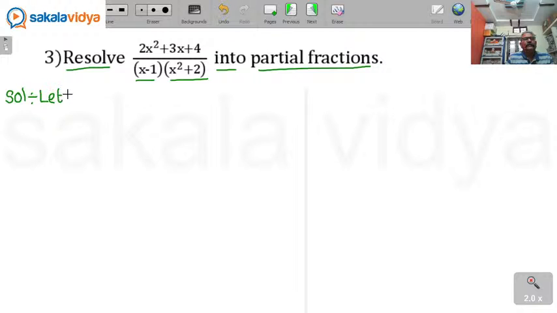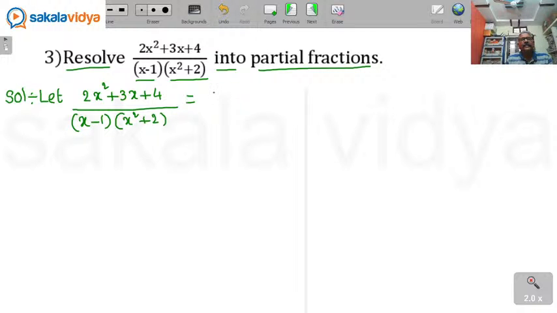So let 2x square plus 3x plus 4 upon x minus 1 times x square plus 2 equals, for x minus 1 there exists a partial fraction of the form a upon x minus 1 plus, x square plus 2 being an irreducible quadratic factor, there exists a partial fraction of the form bx plus c upon x square plus 2.